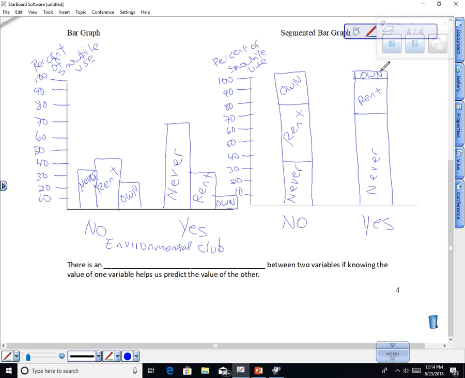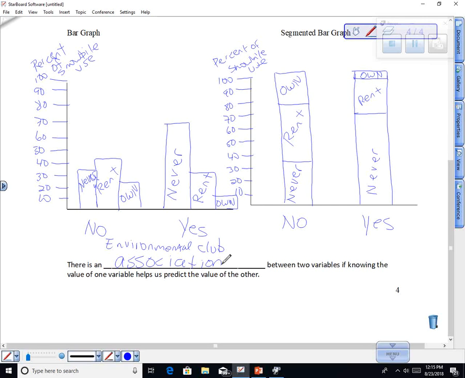So when we look at these graphs, we can kind of tell they're not independent. The two variables don't seem very independent of each other, right? Seems like we could kind of predict one based on another. Okay? And so that's called an association. So there is an association between two variables if knowing the value of one variable helps us predict the value of the other. Does that make sense? Okay?